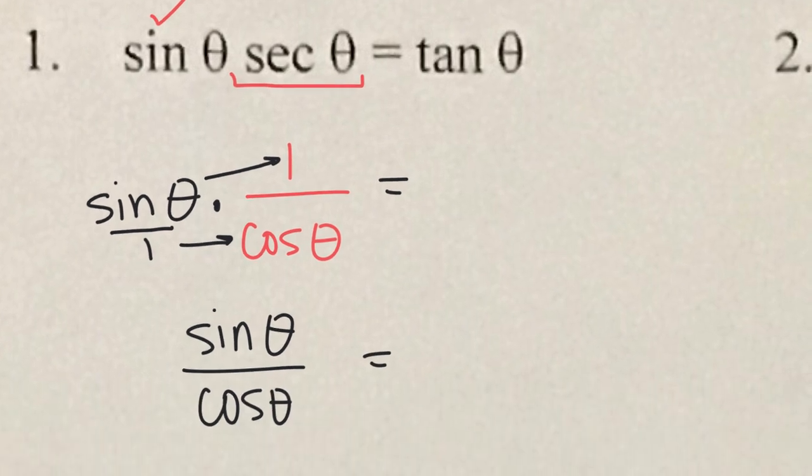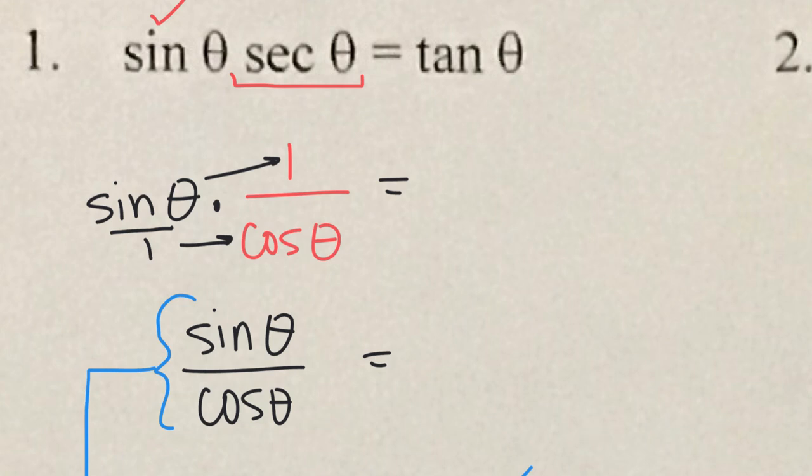Then this becomes our quotient, the sine divided by the cosine. And if we look into our chart, hopefully you know that the sine divided by the cosine is what single trig word? That is the tangent. The sine divided by the cosine is equivalent to the tangent. And guess what? That's exactly what we want our answer to be.